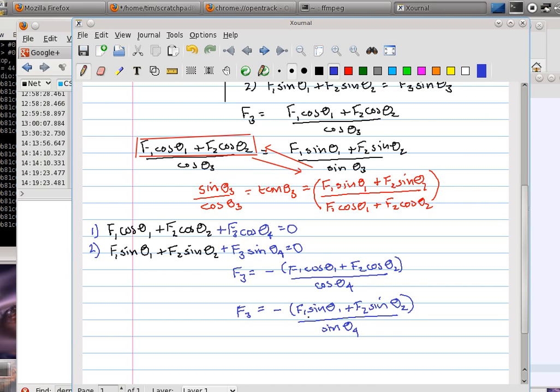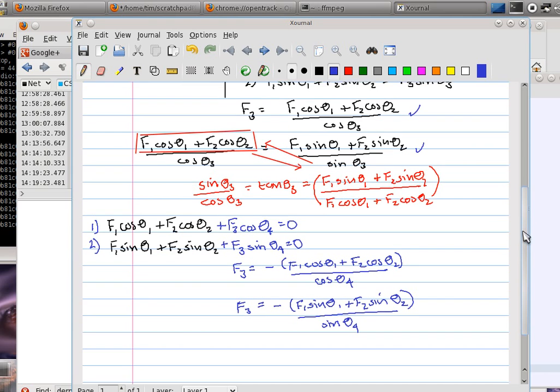Again, since the numerator is going to be negative, the denominator must also be negative if F3 is going to be a positive number. Now, I want you to understand that this expression and this expression up here are qualitatively the same, and here's where the hair splitting comes in.